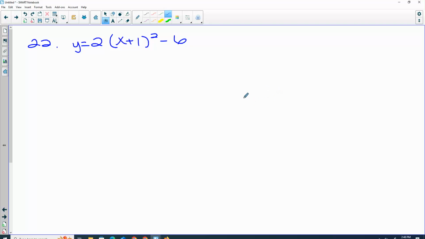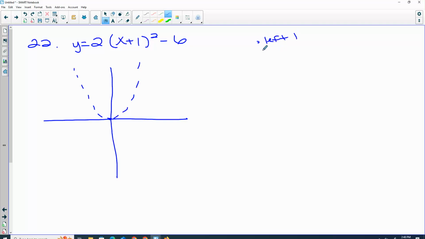We talked about several different options for doing this, but I think the best for us is just to think about a graph, because we graphed these. We did a lot of graphing on our last test, right? And this is just a rough sketch for you, so it does not have to be perfect. What is my parent function? x squared is a parabola. Okay, how is this parabola going to move?